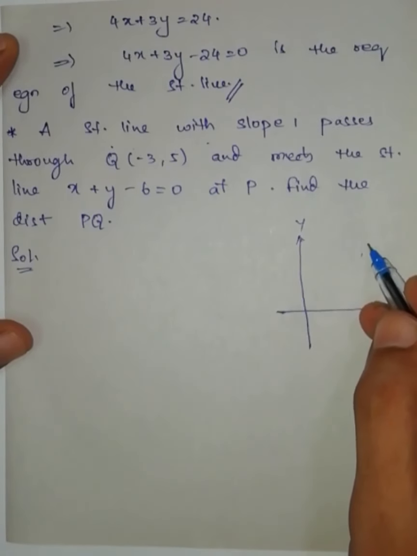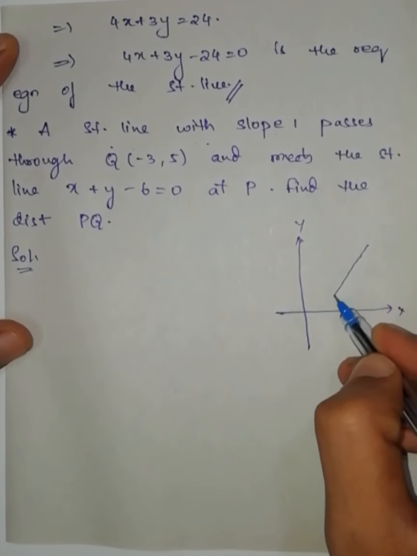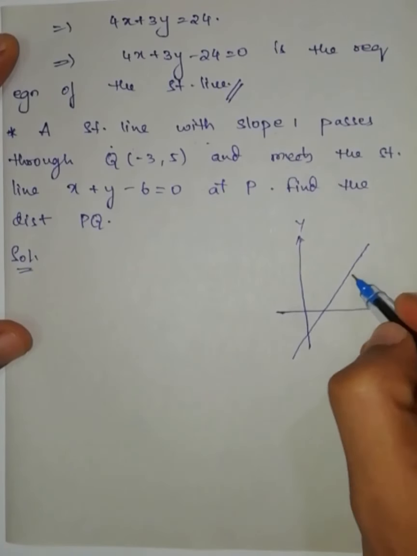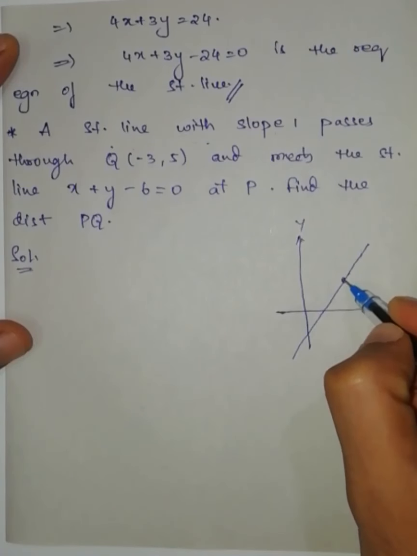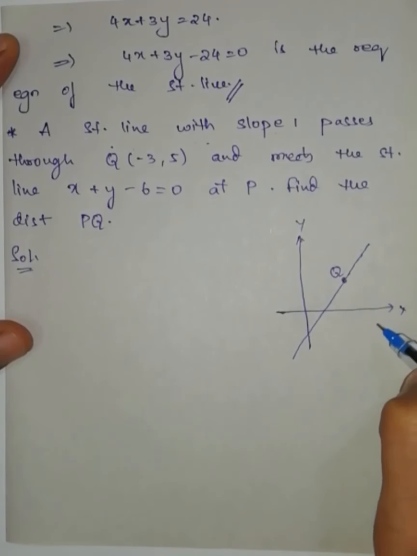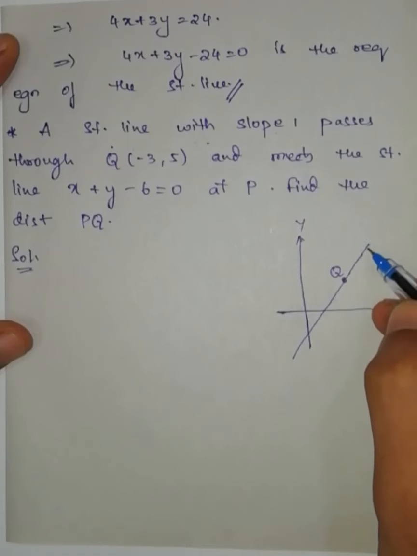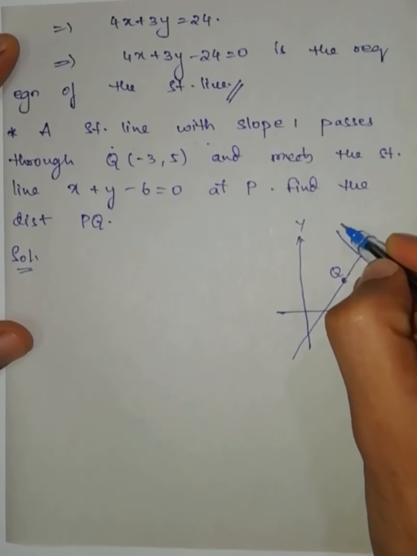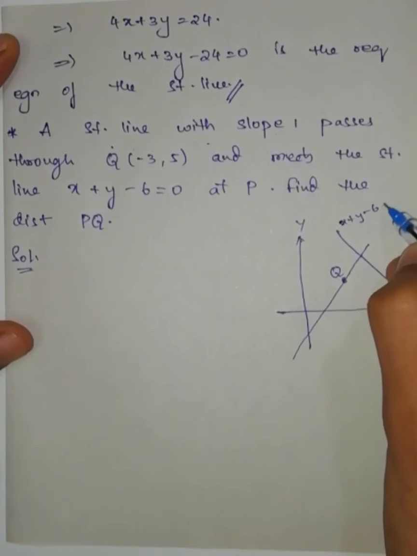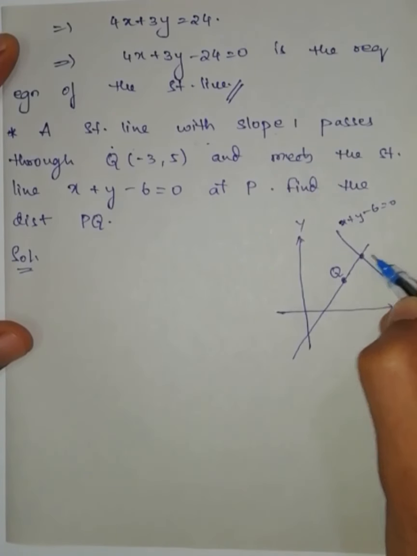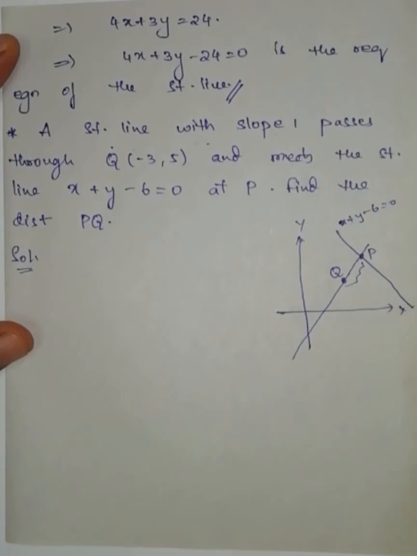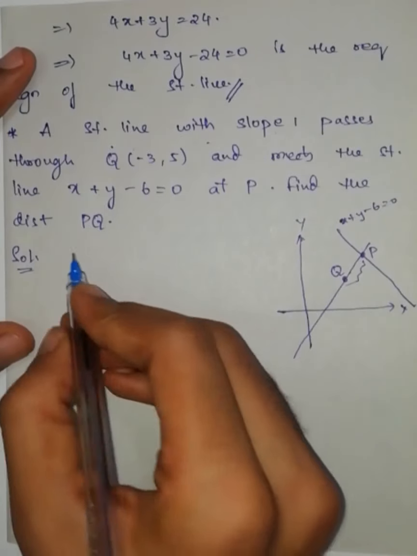Let us take this is a straight line having the slope 1 and passes through the point Q. This straight line meets another straight line, that is x plus y minus 6 is equal to 0. This is going to meet at the point P. Then we have to find the distance between PQ.